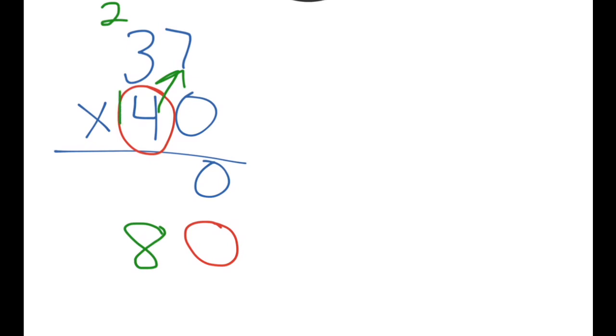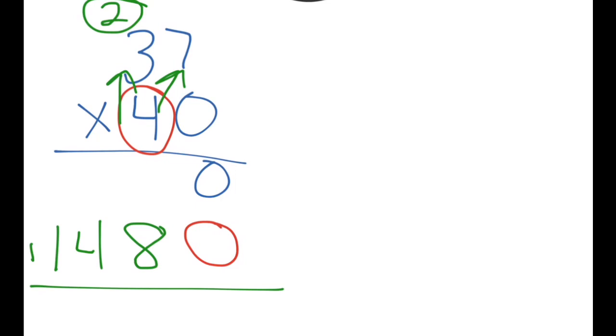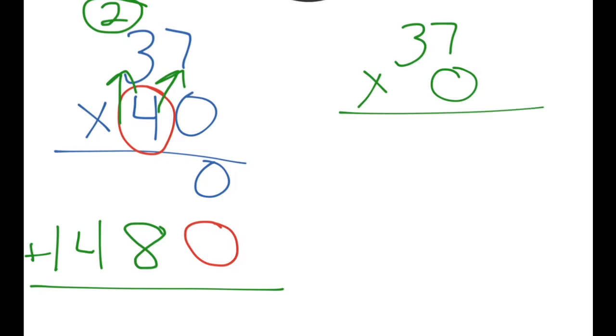The next thing I'm going to do is 4 times 3. And 4 times 3 is 12, plus my 2 up here, which will give me 14. So I'm going to put my 14 down here. Normally, I would have to add the sum of 37 times 0 plus 37 times 40.